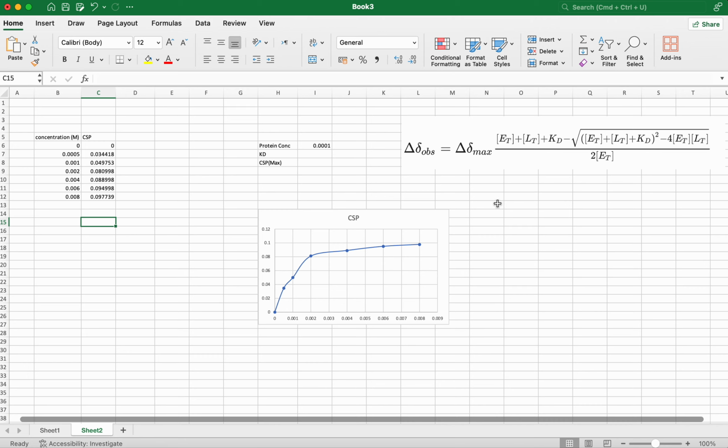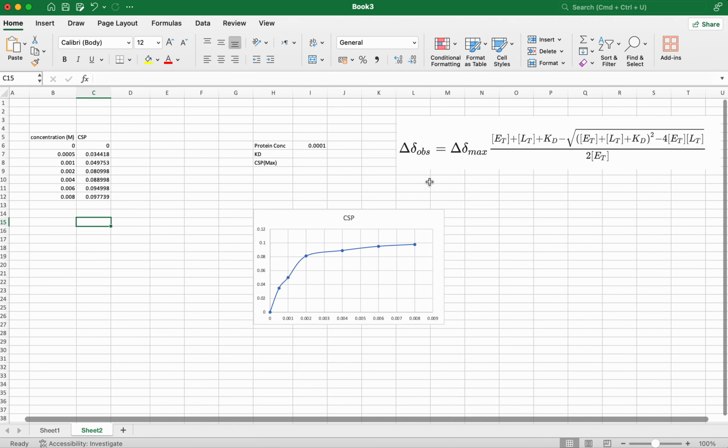I will give the reference paper for this in the description. By using this formula we can fit KD, and there are also different formulas for different exchange regimes, like strong interactions and very exchangeable interactions. And for hydrophobic, I think we'll have different equations. So you can go through the link and find out which equation suits better.